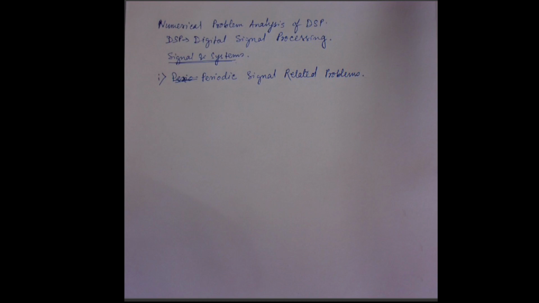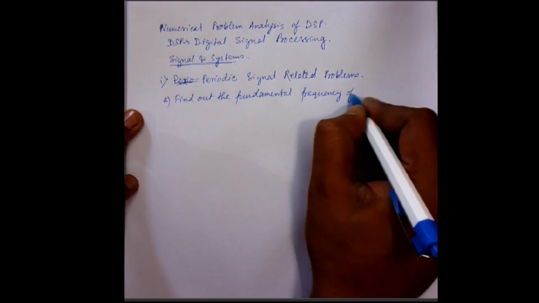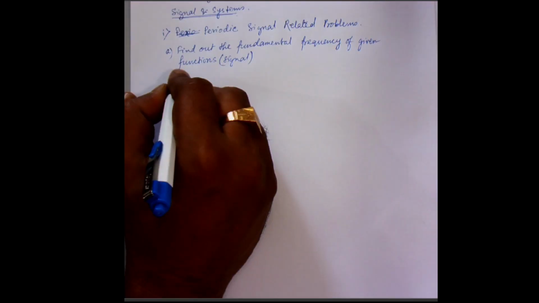So the very first type of example is to find the fundamental period of given functions or signals. The function is nothing but the representation of the signal.